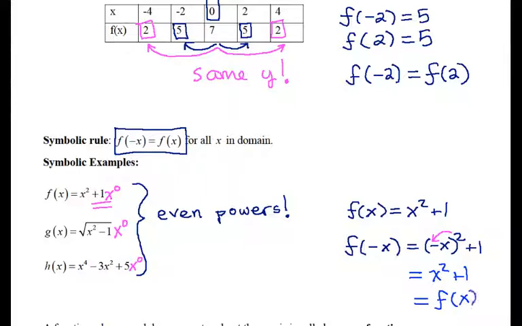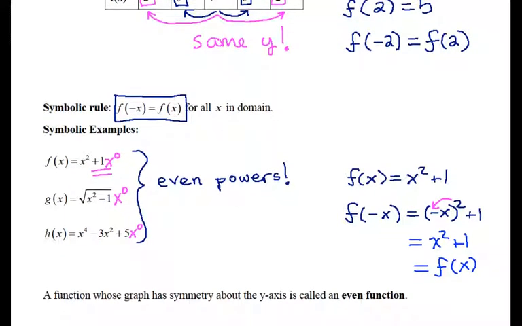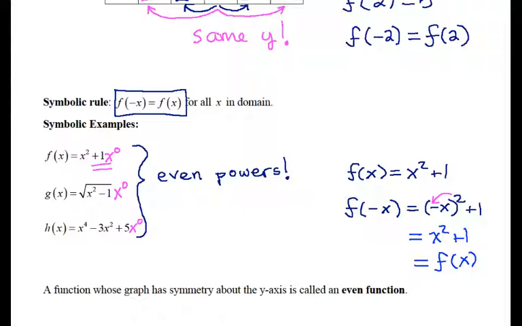We can see that that's the effect even powers have, is that they erase the information of what sign the number was that went into the function as input. And because of this pattern, we would call a function whose graph has symmetry about the y-axis an even function. So an even function does not have to be an even power. There are some others as well.